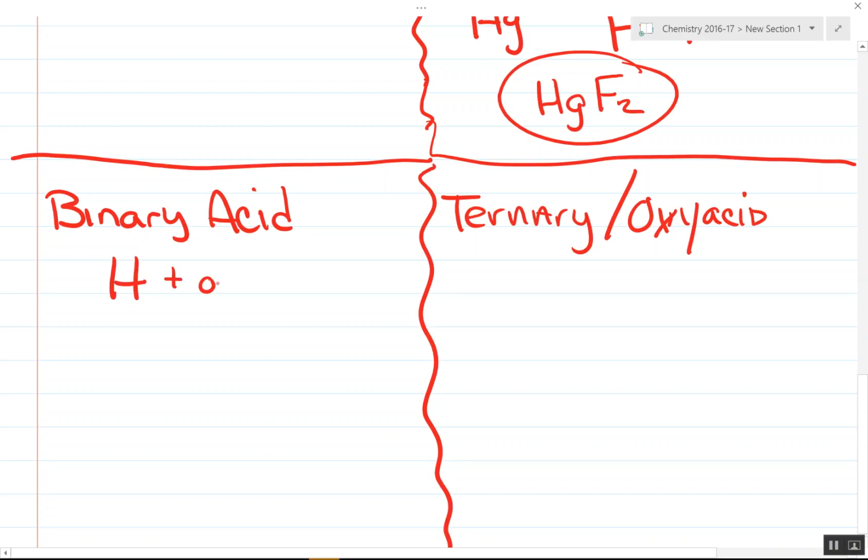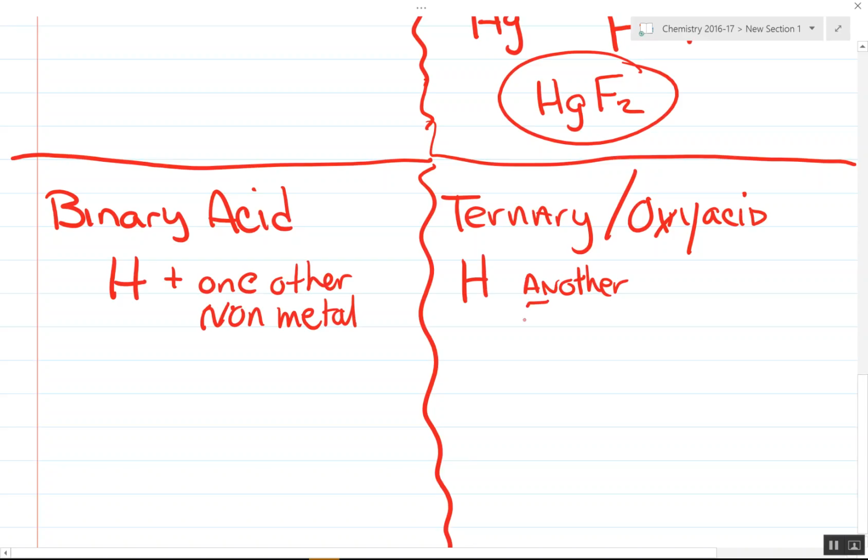Hydrogen plus one other. And it's always a nonmetal. Now, ternary acids have hydrogen, another element, and because they're oxy acids, oxygen. So ternary means 3, so you got 3 parts to it: hydrogen, oxygen, and one other thing.